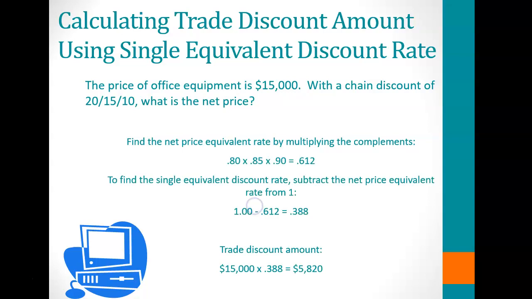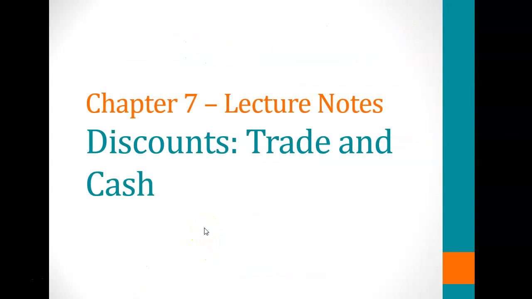So again, this is just another way of showing how to get the actual trade discount. If I multiply the list price being 15,000 times 0.388. Again, the complement is 0.612, which means the discount is 100 minus the complement. It gives you 0.388. Take it times 15,000 to get the amount of your trade discount.